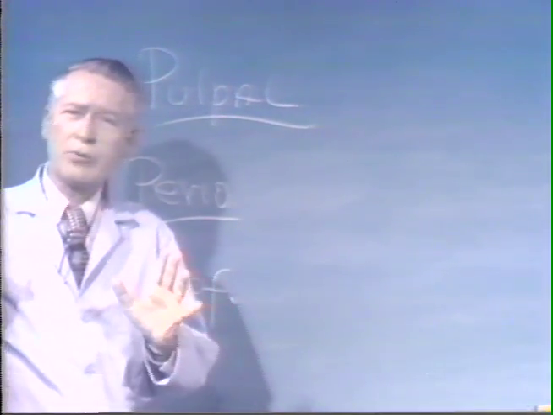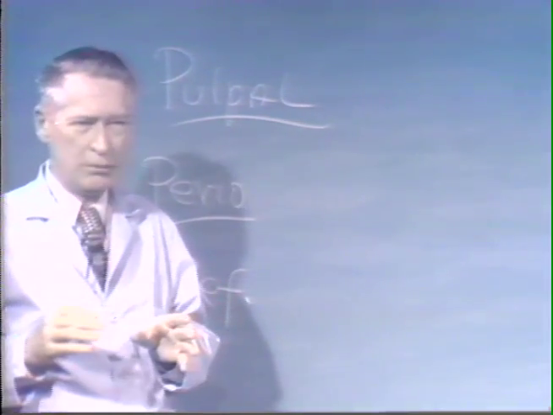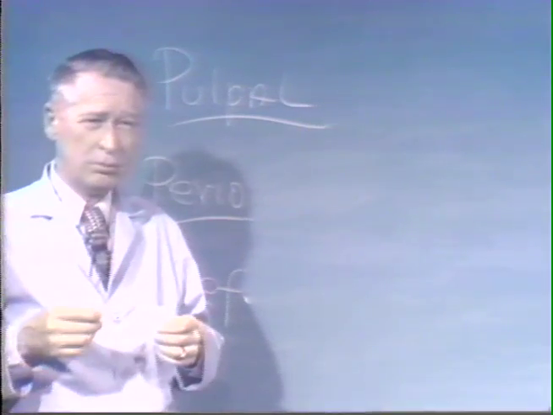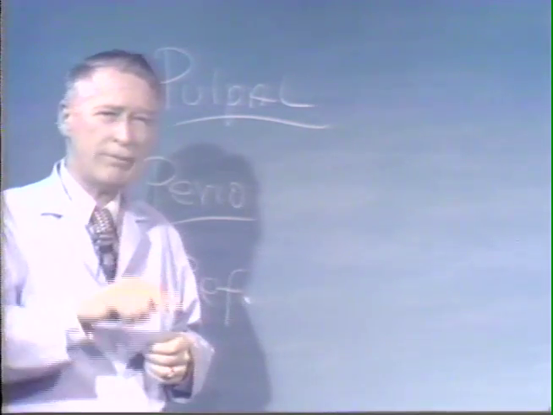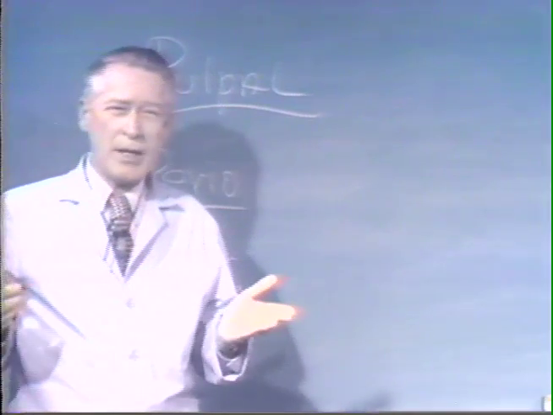Now, pain that is referred from another structure, an adjacent area, is oftentimes interpreted by the patient to be of dental origin, and you have to differentiate between the two in determining if this pain is of odontogenic basis, of tooth origin. An example of this would be a maxillary sinusitis.